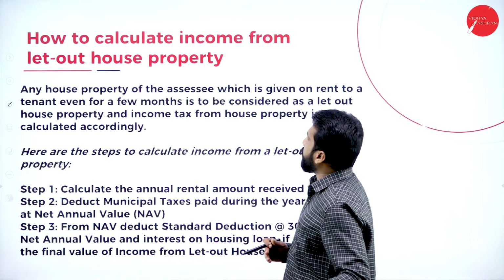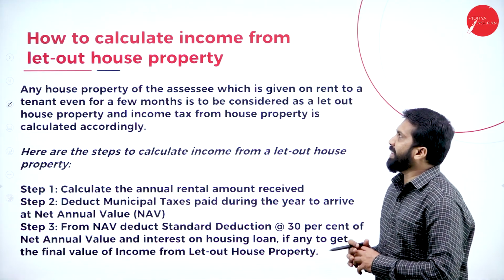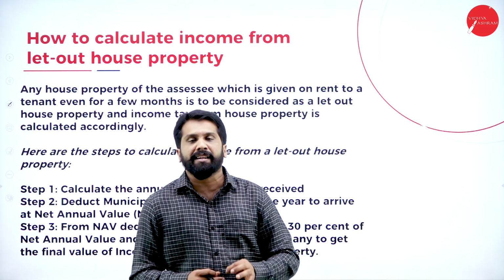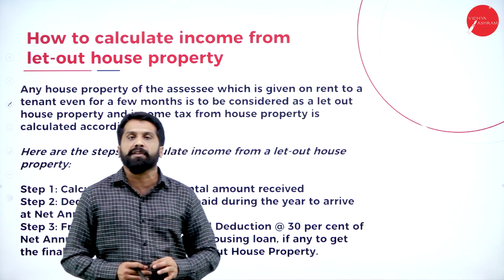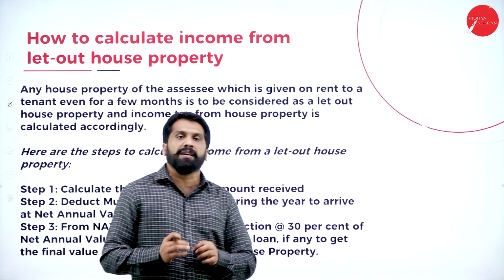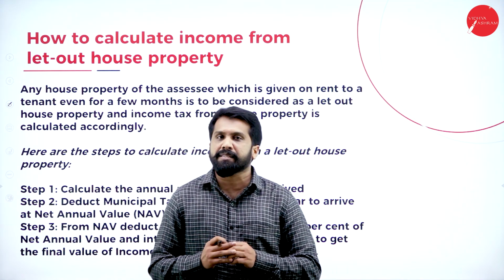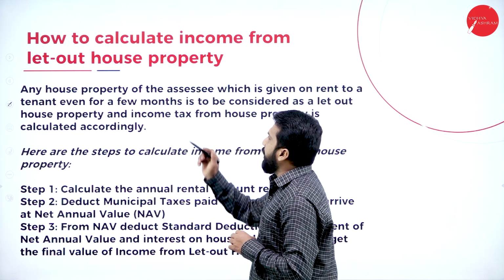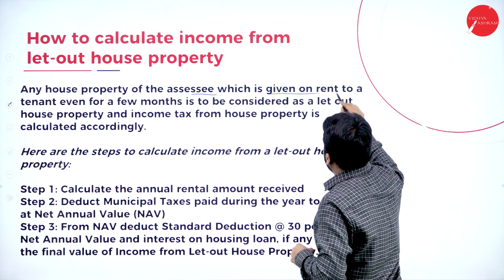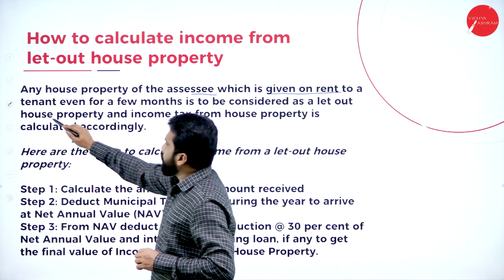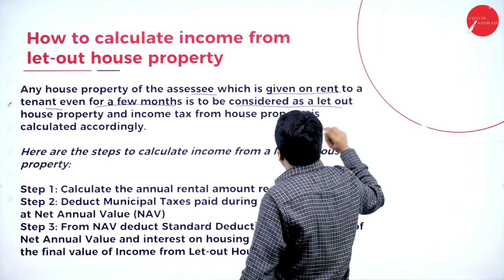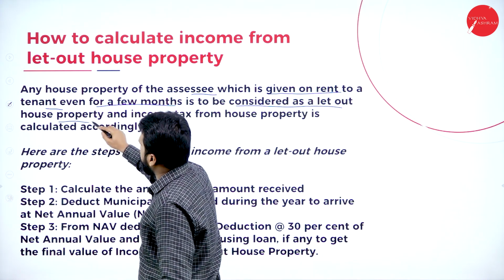Then, how to calculate your income from let out house property? As I told you, we don't calculate income from house property for self-occupied. We calculate only for let out properties. As per this, any house property of the assessee which is given on rent to a tenant, even for a few months, is to be considered as let out house property.